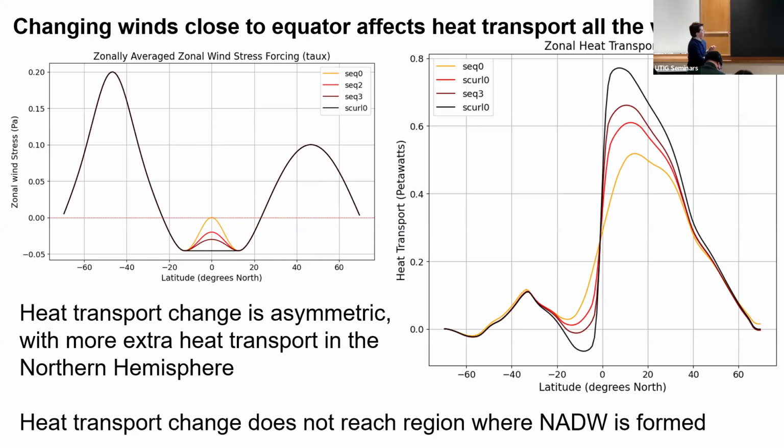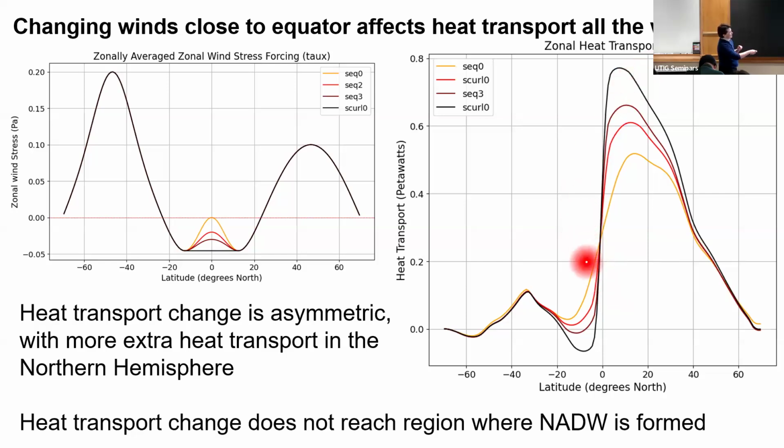Okay, and the heat transport also doesn't, this was actually a result, I didn't know that this was going to be the case. The heat transport doesn't change up here in the north. And so although the heat that comes from the equator gets moved all the way to 40 north, that's what's shown, right?